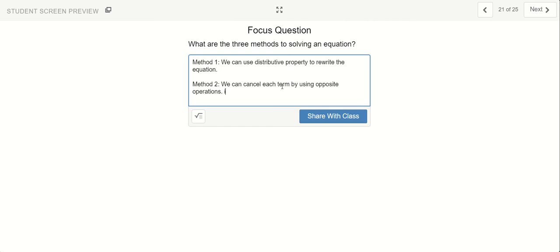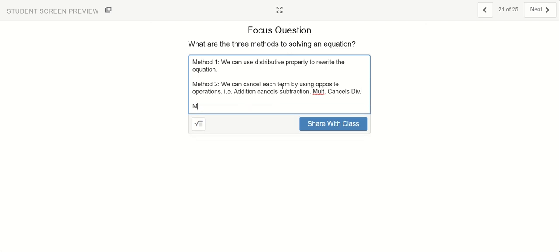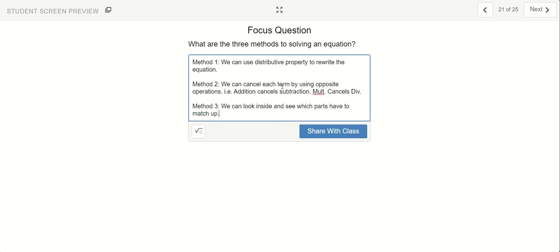And what I mean by opposites, for example, addition cancels subtraction, multiplication cancels division. So those are some examples of using opposite operations. Finally, our last method was looking within. We can look inside and see which part has to match up.